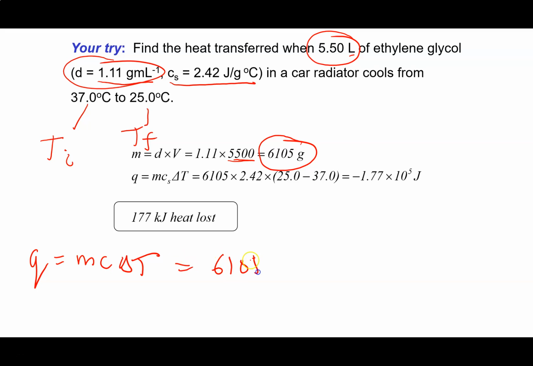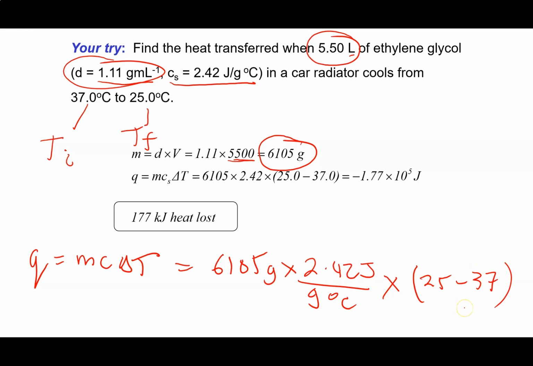So 6,105 grams, and then my specific heat is given, 2.42 joules per gram per degree Celsius, and then I've got to do my delta T. My T final was 25, and my T initial was 37, so it went down by 12 degrees. So it's important to get these around the right way, these temperatures here, because that's going to give us the correct sign. So what was Q?